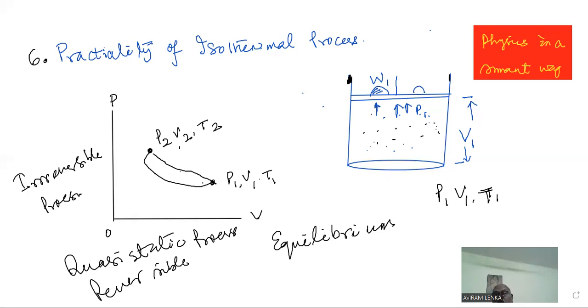Until we understand the words equilibrium state, quasi-static process, reversible process, and irreversible process, they remain like Dennis the Menace, like a zombie that threatens us every time. So let us try to understand them.